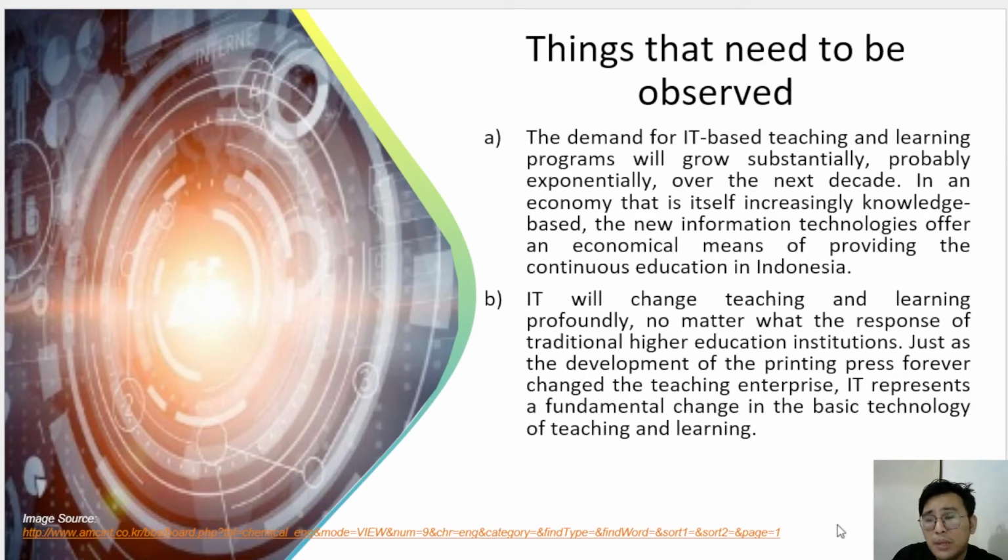It has become their second heart. They cannot live without it, and it would represent a fundamental change in the basics of technology, especially on what our topic is all about today, which is academic activity.